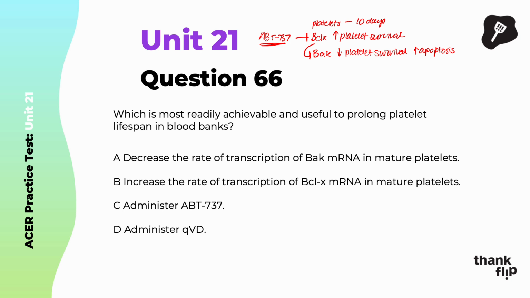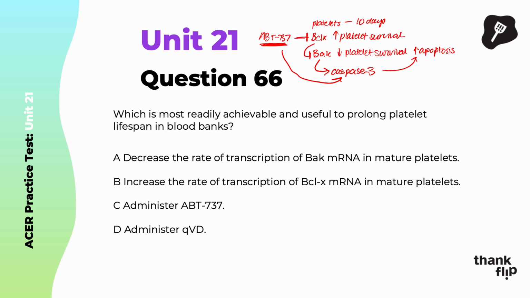Okay, so what this does is it simulates caspase 3, which leads to apoptosis. Okay, and so we're also told that the presence of ABT 737 increases the activation of caspase 3. So it upregulates this little bit here and results in increased apoptosis, which makes sense because BCLX is the opposite of apoptosis. It's increasing platelet survival.